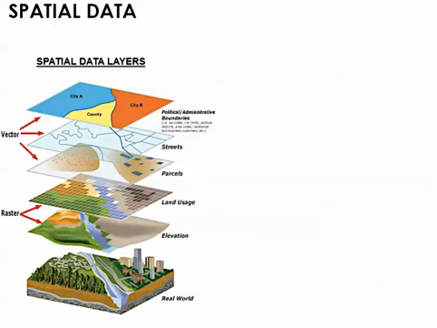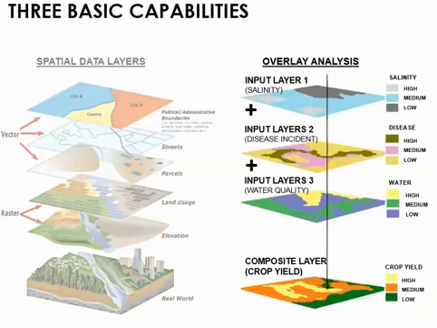So all of these types of spatial data, which we refer to as spatial data layers, vector and raster and the attributes that are attached to it, can be overlaid and manipulated using GIS. Overlay analysis is a major part of GIS analysis.